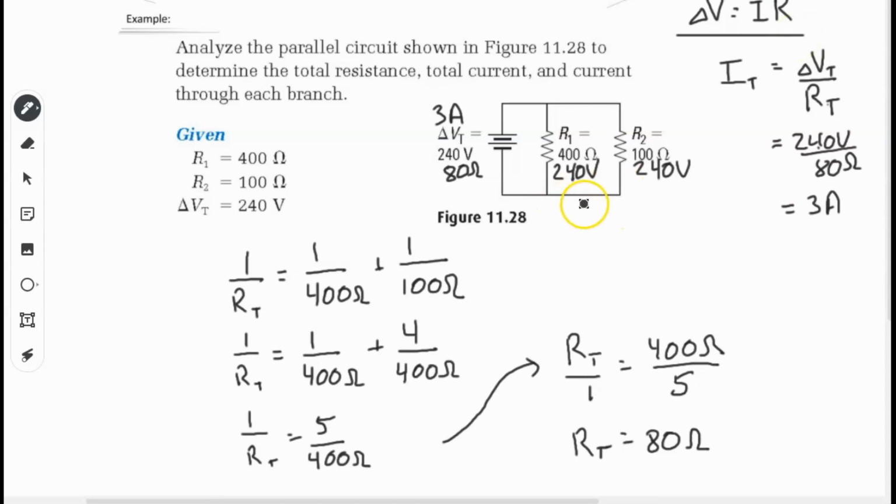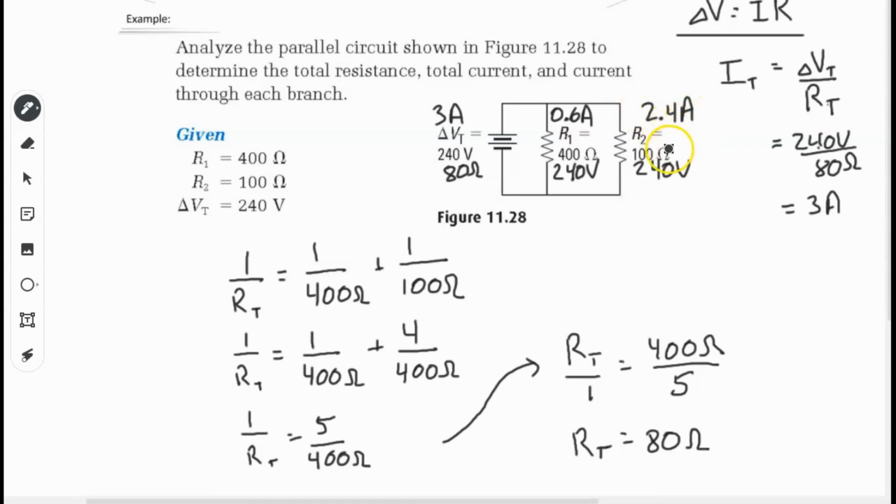So to figure out current, I am just going to do voltage divided by resistance. So for the first one, we have 240 divided by 400, which gives us 0.6 amps. And for the second one, we have 240 divided by 100, which gives us 2.4 amps.